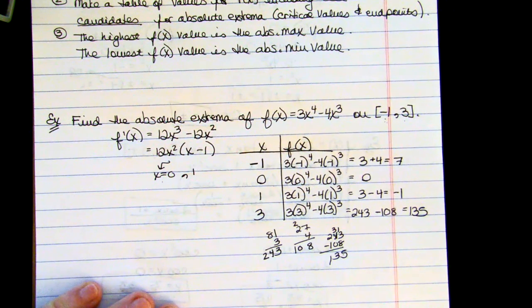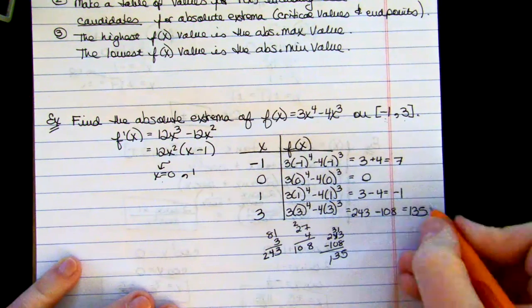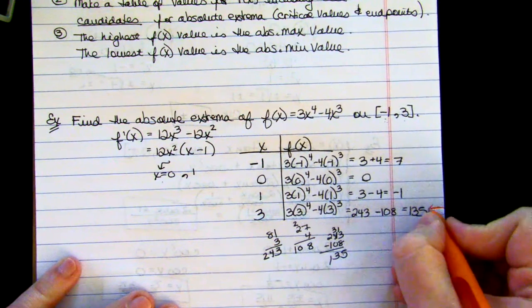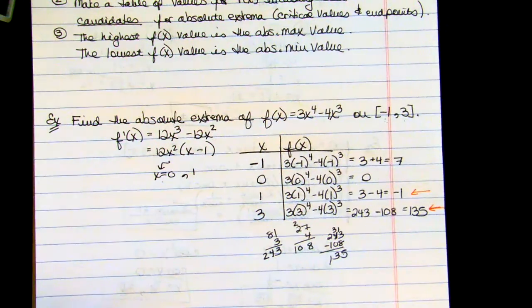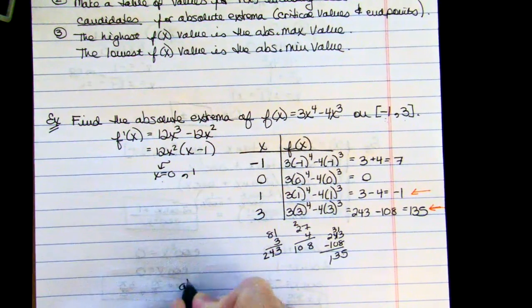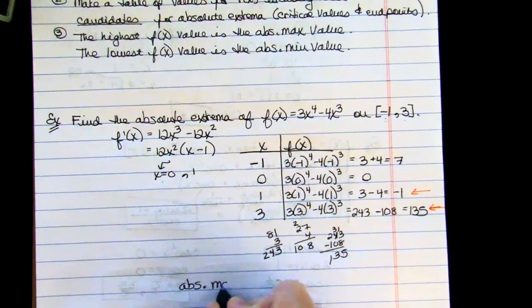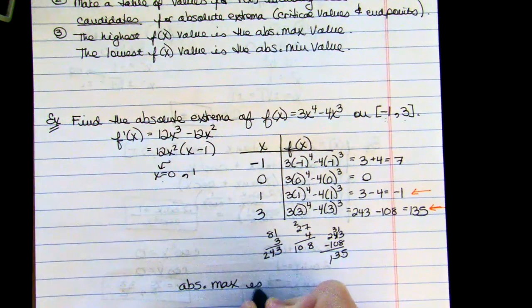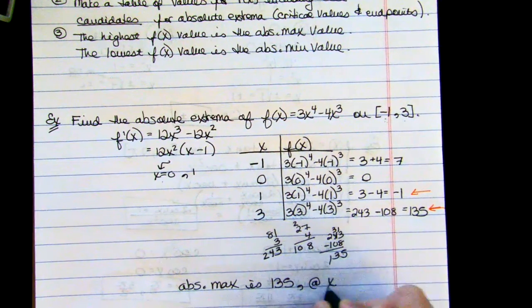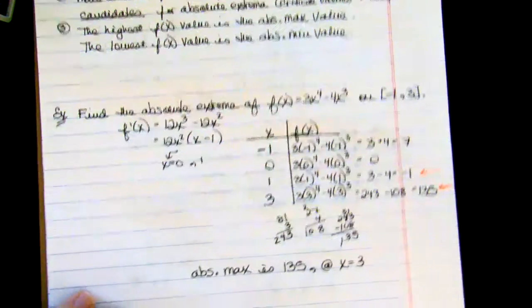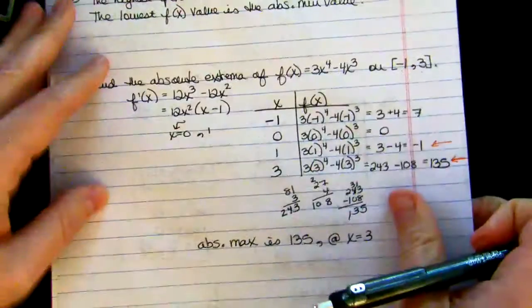To finish this off, I look at that table. Here's my highest y value, 135. Here's my lowest y value, -1. My absolute max is 135, and that occurs at x equals 3.